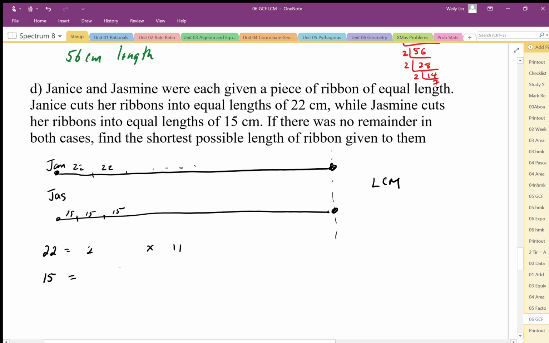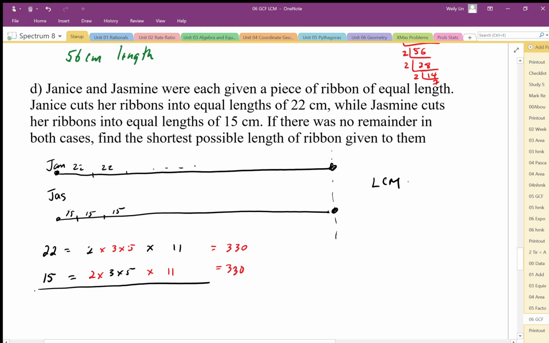So 22 is 2 times 11 and 15 is 3 times 5, so 22 and 15 share no common factors. In order to make them the same multiple, each needs all the factors from the other. When we do that, we end up with 22 times 15, which is 330.